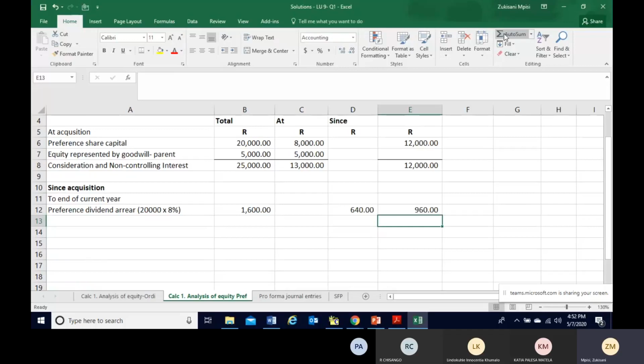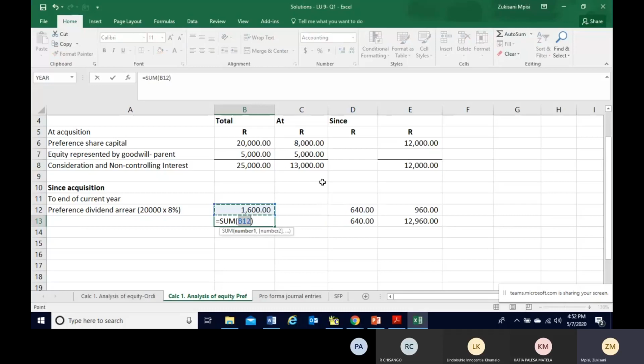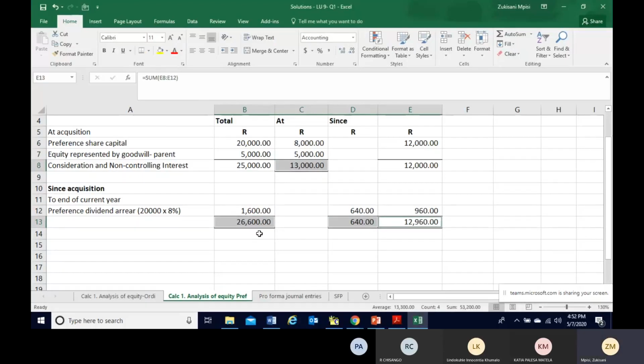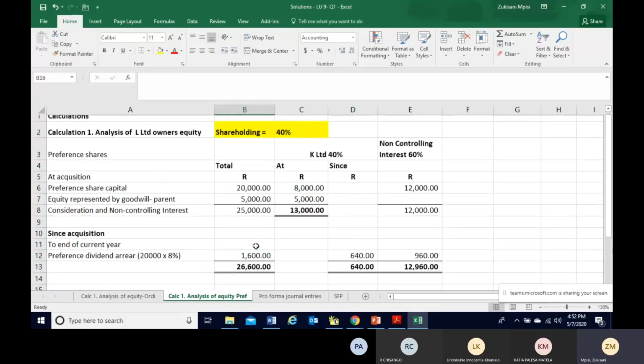So the total here will be 12,150. Here it will be 640, and here it will be 26,600. That becomes our totals.